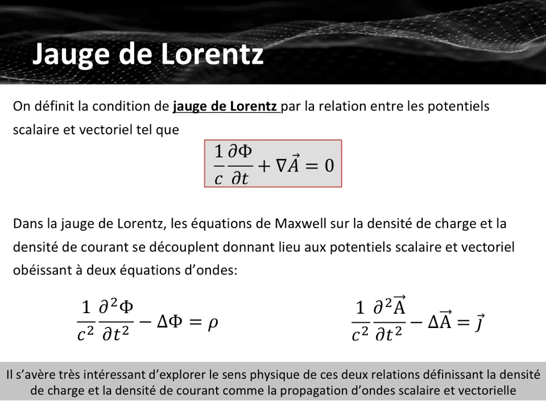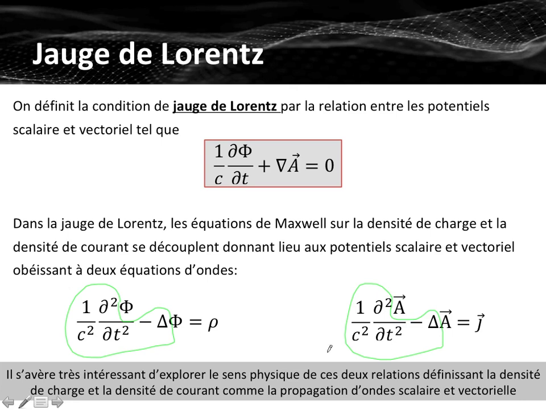Well, you will notice that basically these two equations will decouple into two other equations that are wave equations. What does that mean? Where does the term wave equation come from? Well, basically, if you remember, this is an operator that you probably know from quantum mechanics or from your electromagnetism course.